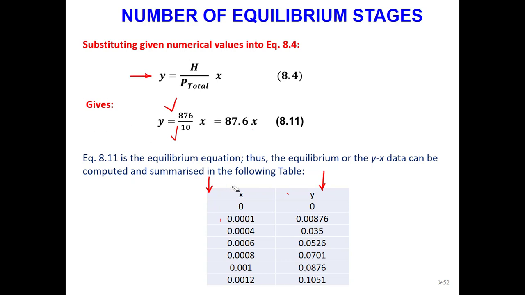But this is lowercase x and lowercase y. What we need is capital X and capital Y. Capital X is x divided by 1 minus x, and capital Y is y divided by 1 minus y. So you need these two parameters. You can still use the same table.